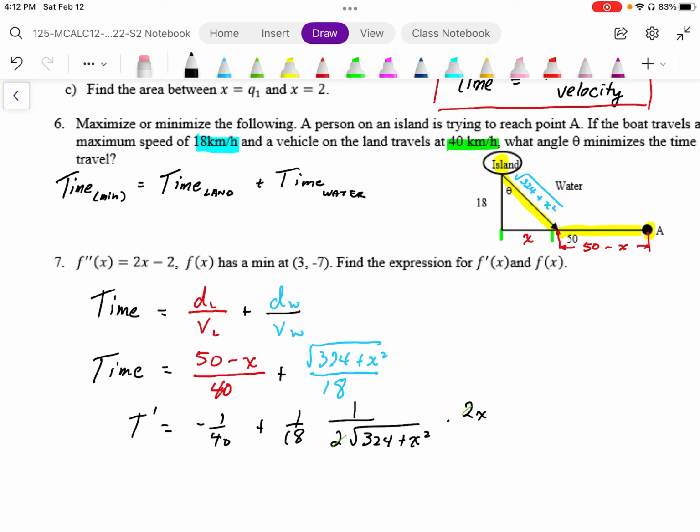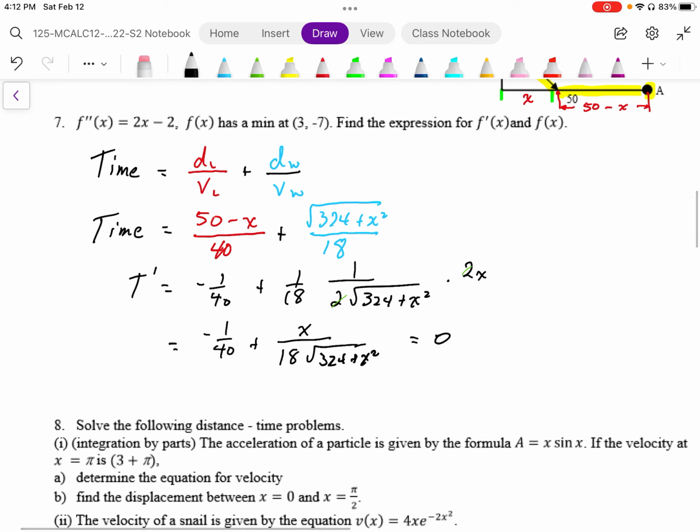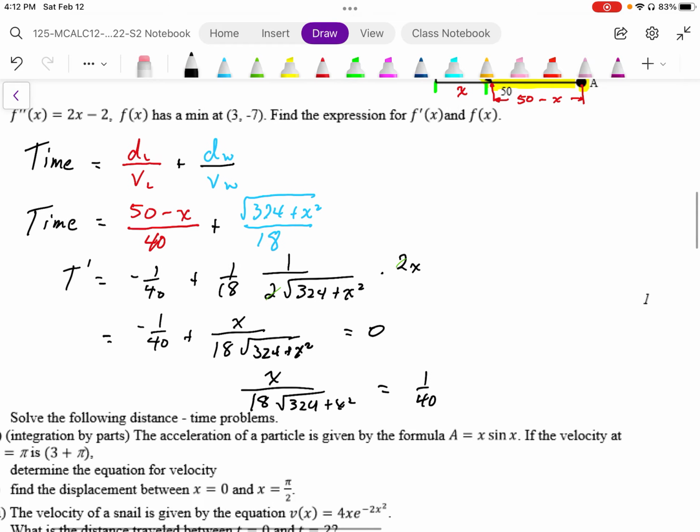It's going to look like this: negative 1 over 40 plus x over 18 root 324 plus x squared, and that's going to be equal to 0. So we're going to solve that equation equal to 0. x over 18 square root of 324 plus x squared is going to be equal to 1 over 40 when we move that negative to the other side.